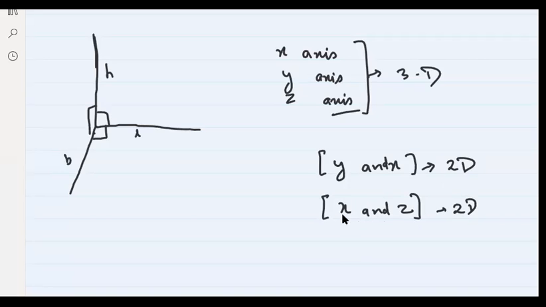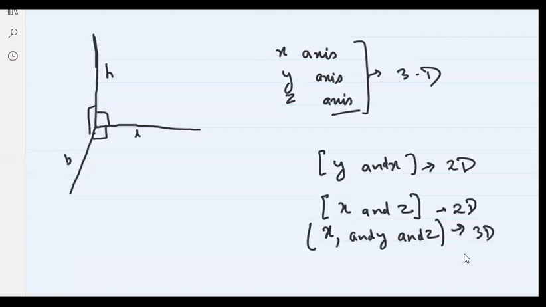See, it is moving in x and z, only two axes. It is not moving in the y-axis. If it is moving in the x-axis, y-axis, and z-axis, all the three axes, then it is 3D. If we take any two of the three, then it is 2D. If you take all three, then it is 3D.